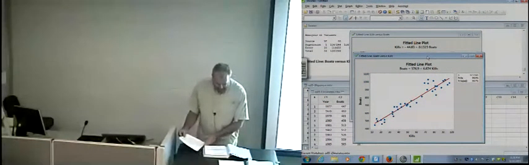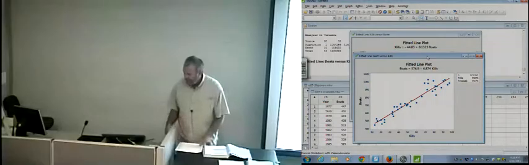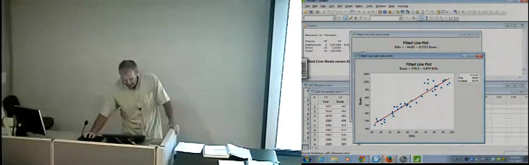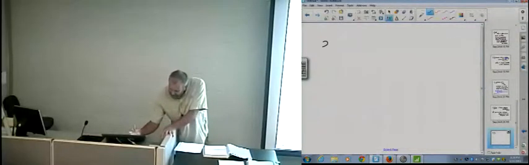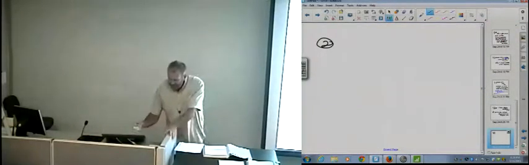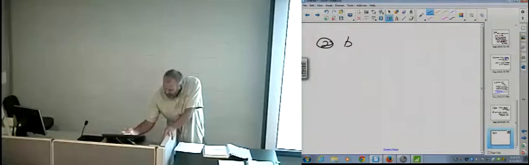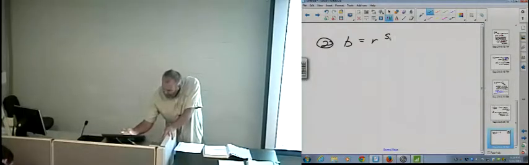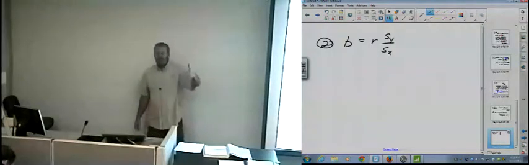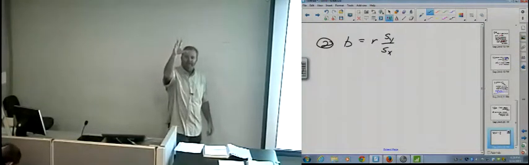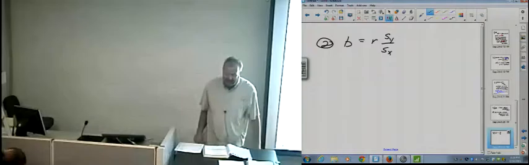Number 2. What I would like to do is look at this part right here. Remember, this is the equation I gave you for the slope of the least squares regression line. The correlation times the standard deviation of the y's over the standard deviation of the x's.